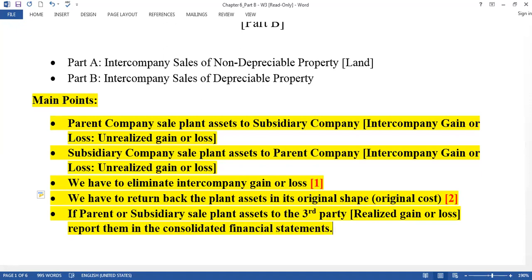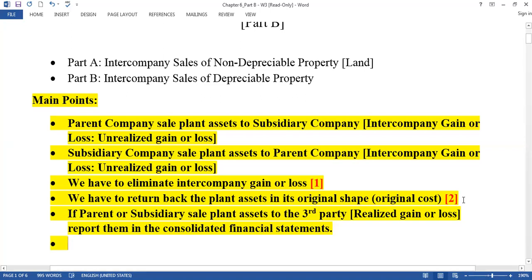The subsidiary company prepares financial statements separately, the parent company prepares financial statements separately, but in addition, the parent company prepares the consolidated financial statements.